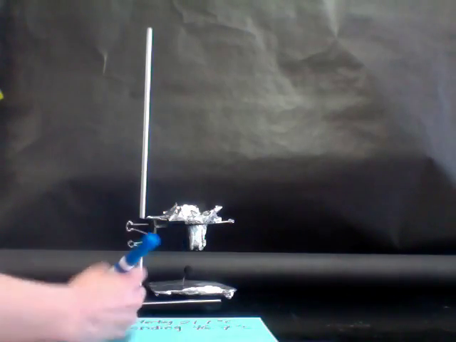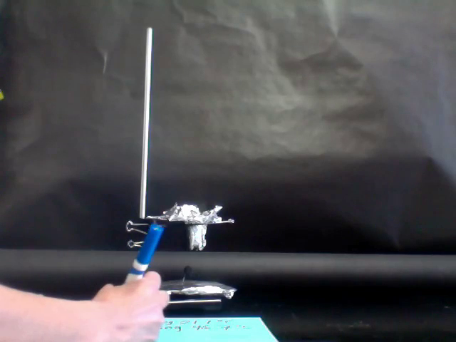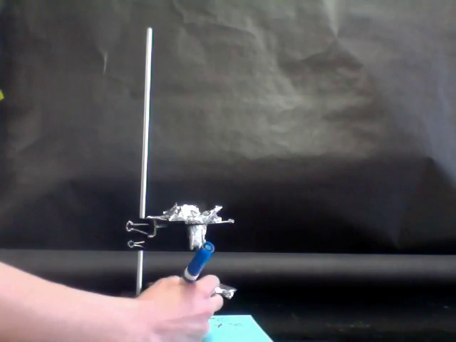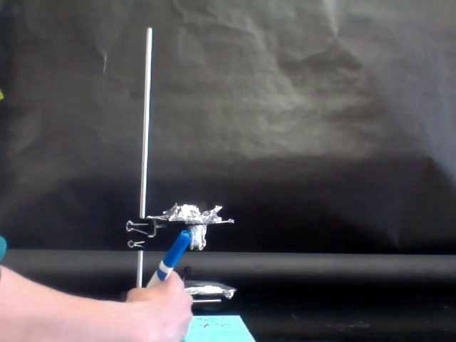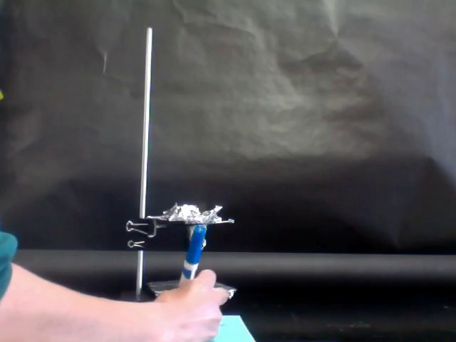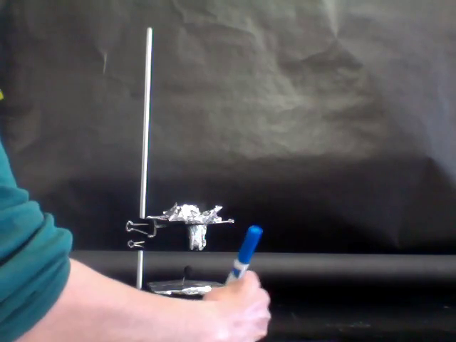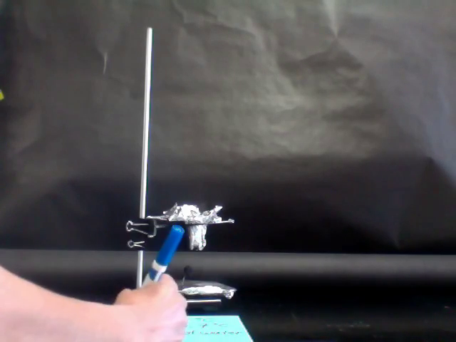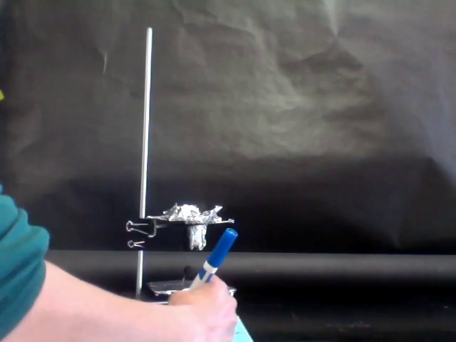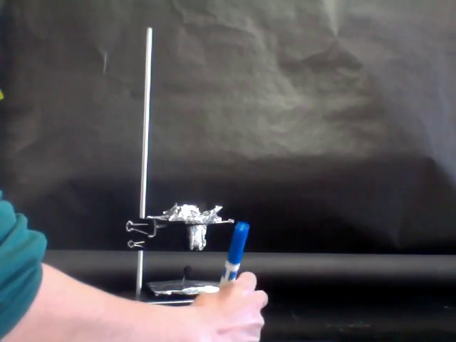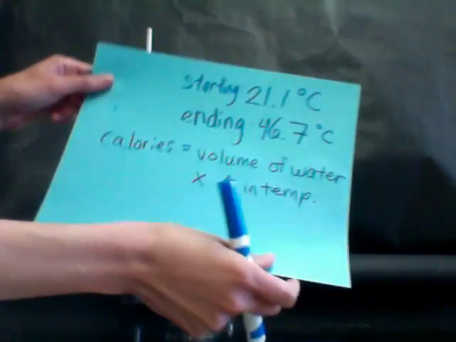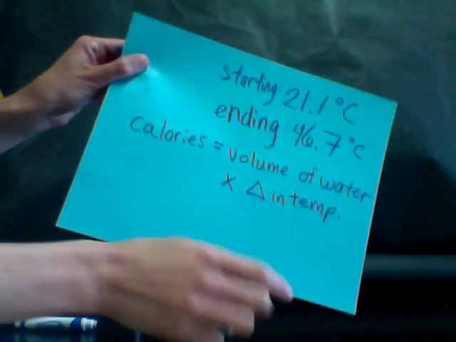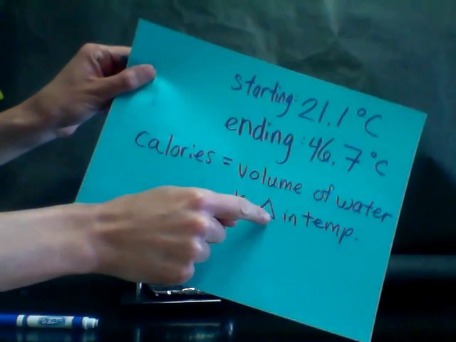So to find calories equals the volume of water times the change in temperature. All right, so the way that I'm writing it out, the change in temperature, I'm using a delta to represent the change in something.